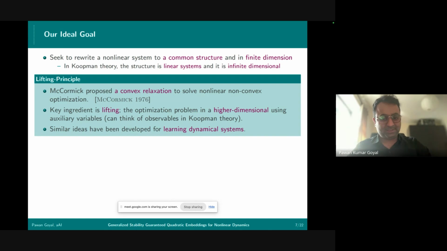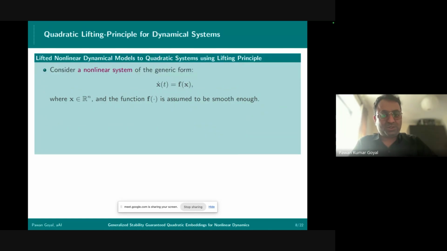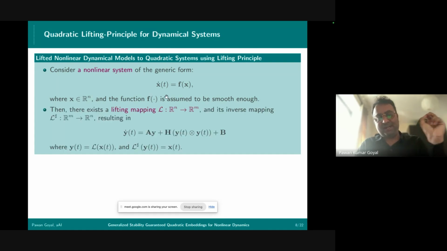But we're going to discuss this direction differently: how we can go from linear to another nonlinear system which has a common structure, is still simple, but lets us work with finite dimensional systems. This leads to quadratic dynamical systems, and it has been shown that every smooth nonlinear dynamical system has a finite dimensional lifting, a finite dimensional mapping from x to another variable y.